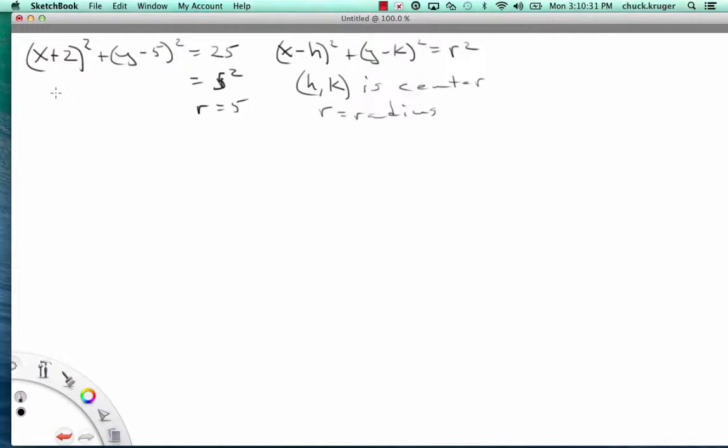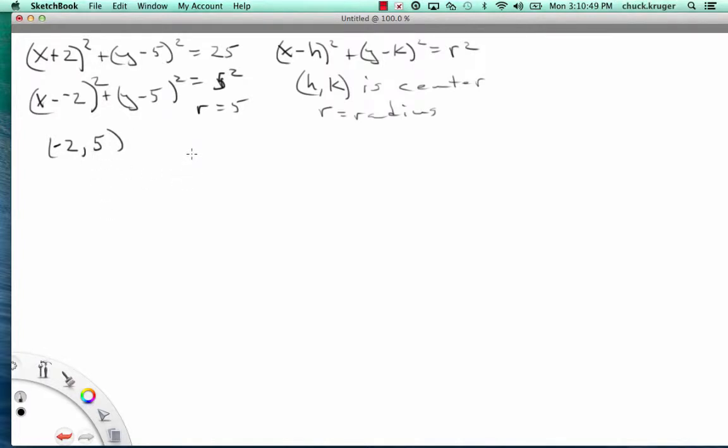And my center here, this is in the form of x minus a negative 2 plus y minus 5. Both of these are squared. So my center is (−2, 5).